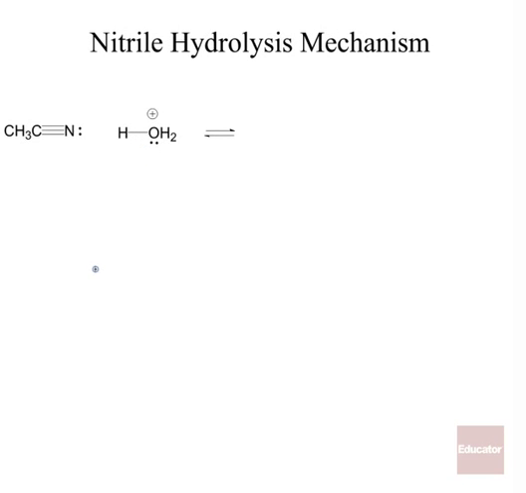Our first step, I'm thinking, is going to be to protonate, because we have an acid. Let's write that out. So protonate first. And where do we protonate? Well, the best course of action is to treat the nitrile, the CN triple bond, just like it was a carbonyl. So do exactly what you would expect a carbonyl to do. I'm going to take the lone pair on nitrogen and protonate.